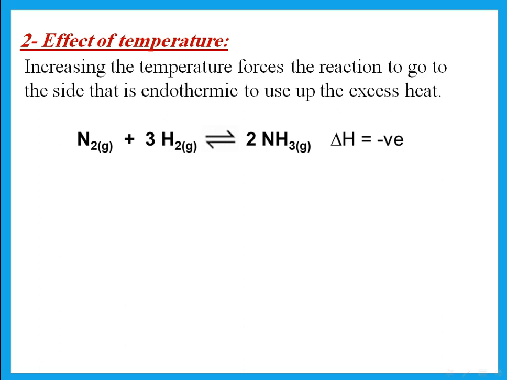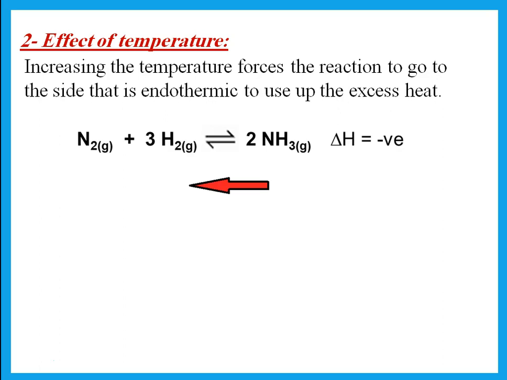So it will go to the side that is endothermic. Increasing the temperature, the reversible reaction goes endothermic. Now, if this reaction in front of me is saying that the forward is exo, that means that the backward is endo. So that means that in this reaction, if I increase the temperature, it will go backward. Or we say that the point of equilibrium shifts to the left.